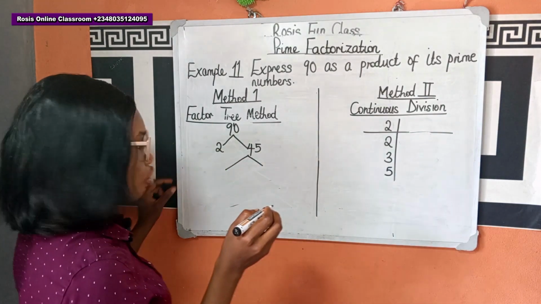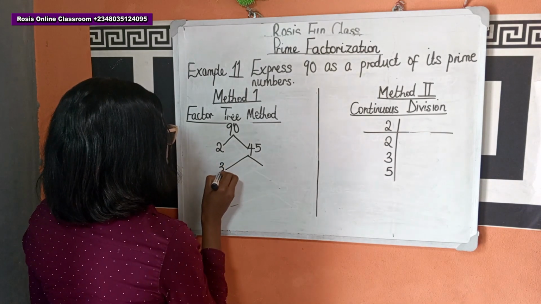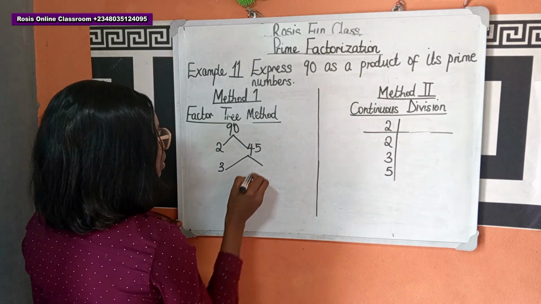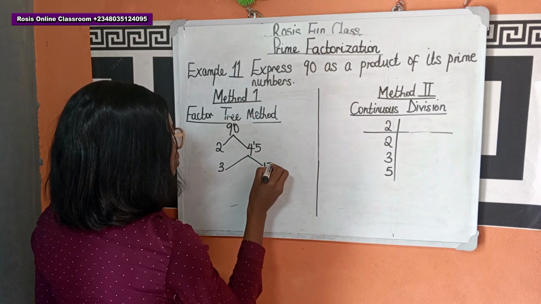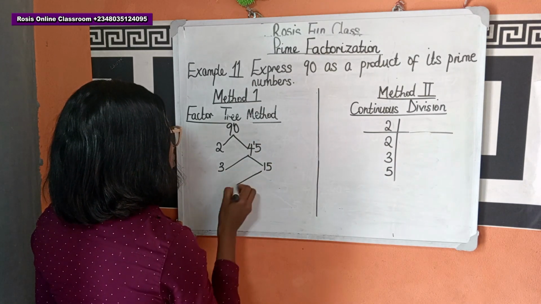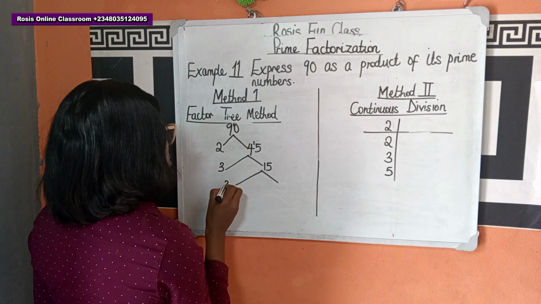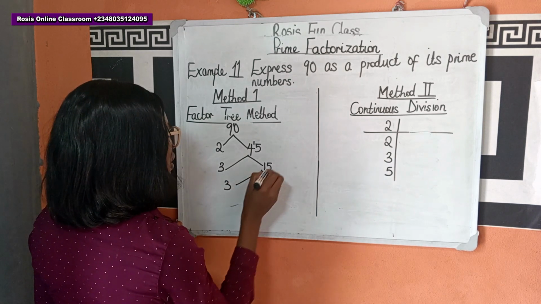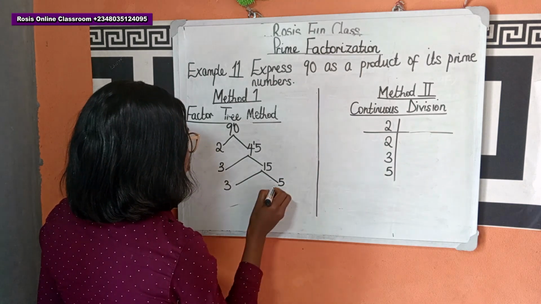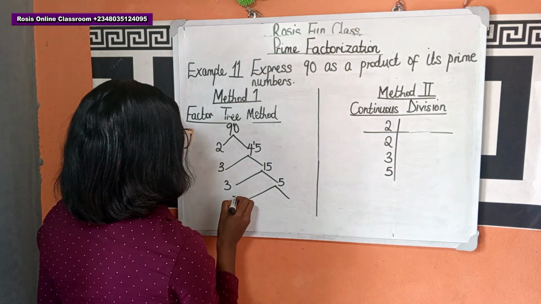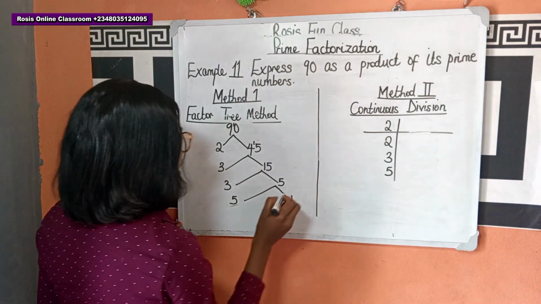45 is an odd number, so we use 3, the smallest odd number. 3 into 4 gives us 1, remainder 1. 3 into 15 gives us 5. Now, we use 3 as the smallest odd number. 3 into 15 gives us 5. 5 into itself gives us 1.